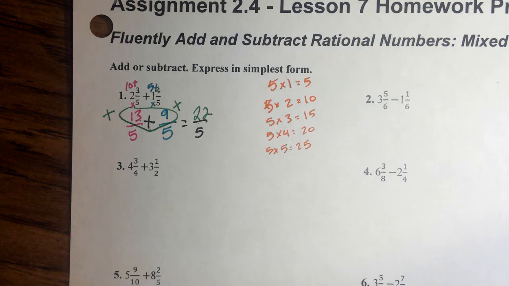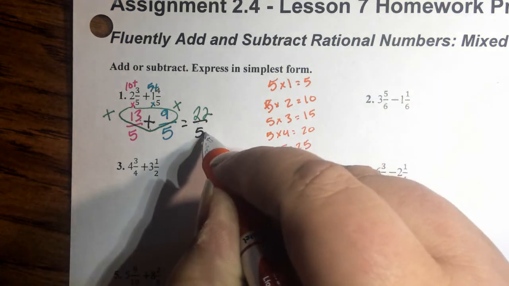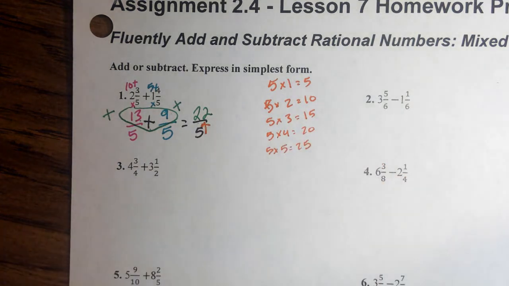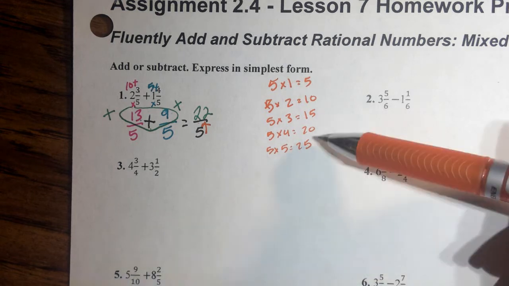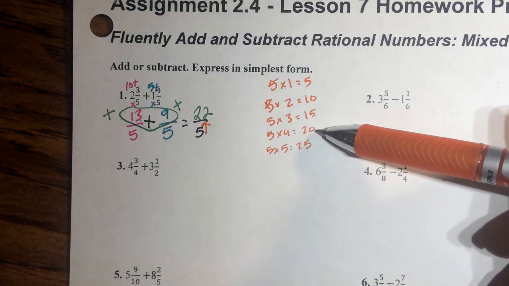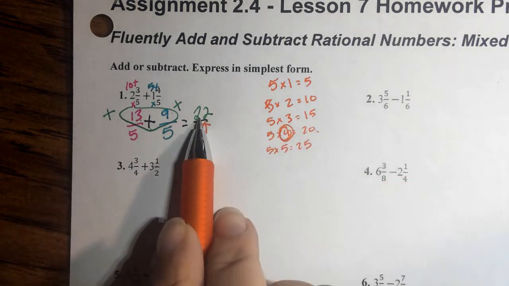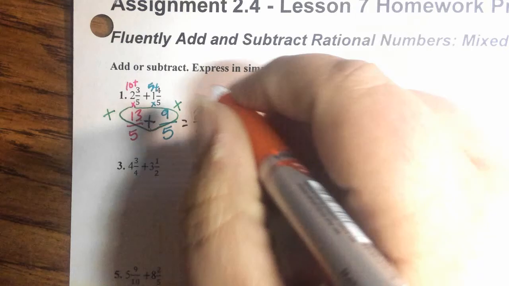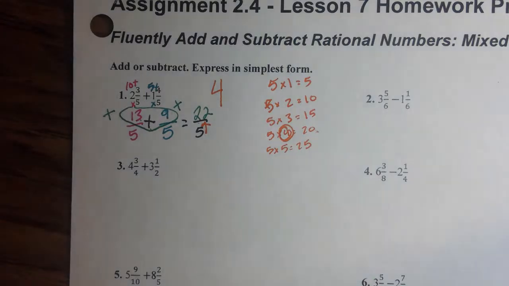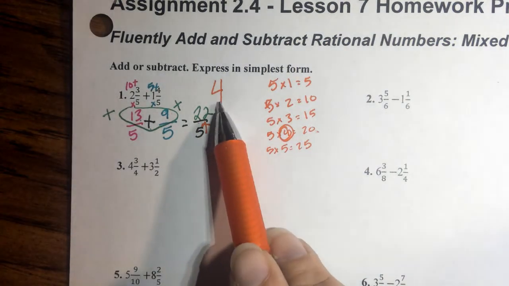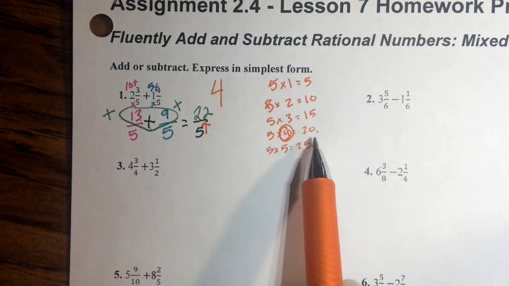Okay, so how many times will 5 go into 22, but without spilling over? It looks like the most 5s we can fit is 4. We can fit 4 5s into 22 without spilling over. So the whole number is 4. Now when I have 4 wholes, I'm using 20 fifths.